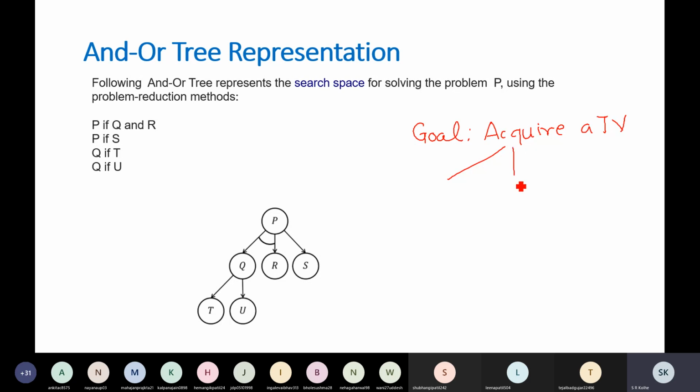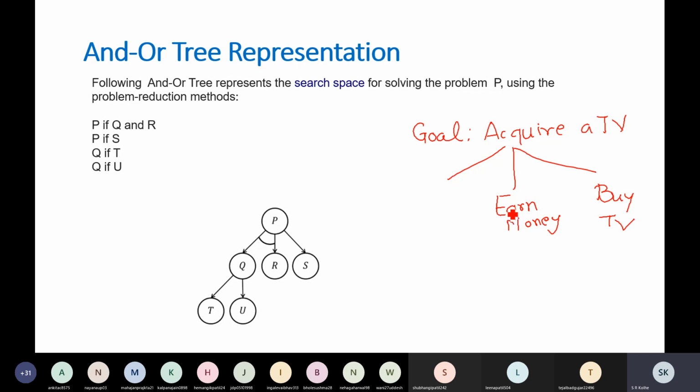Two ways they have shown. One is you earn money. Then how will you get a TV? You will have to buy a TV, right? So just by earning money, will you get a TV?